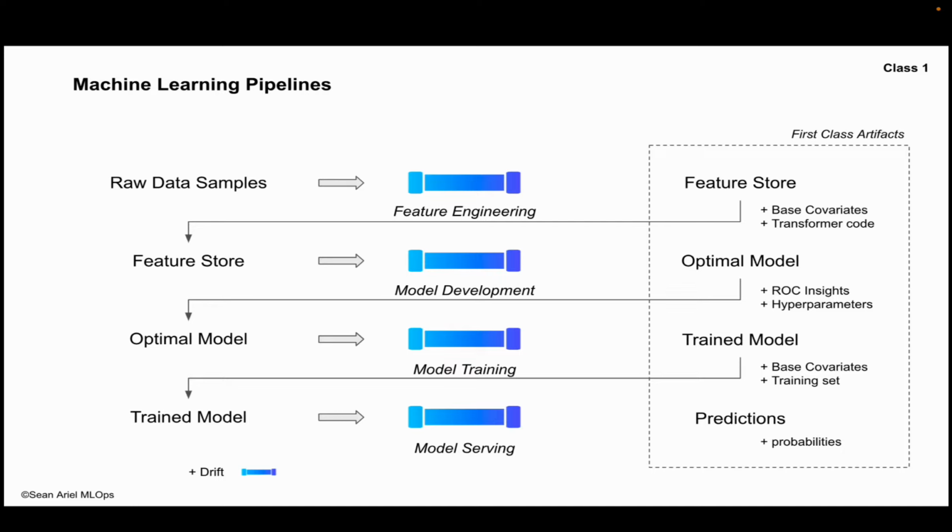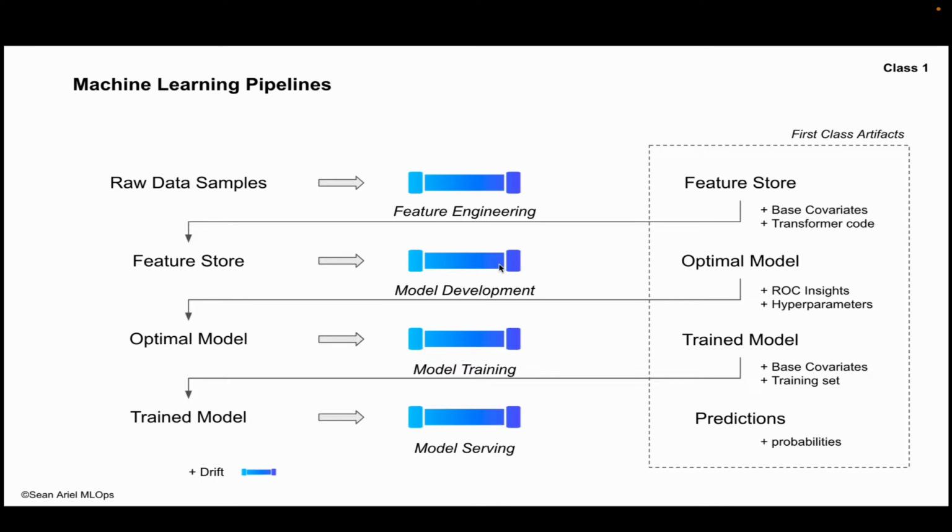Now all of this work that we put into the feature engineering pipeline is going to be very useful, because we can take these features as they are without applying any more processing or cleaning. We're just going to leverage the feature store and build our model development pipeline straight on top of it.